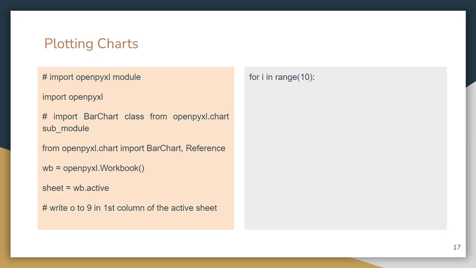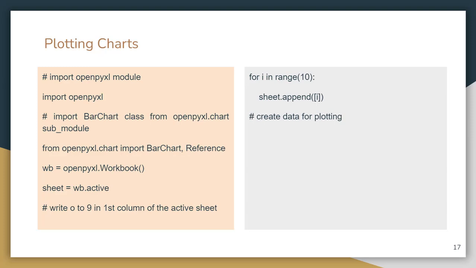I am using a for loop, for i in range(10), that is range 10, so that I generate 0 to 9 numbers. sheet.append([i]), that is it appends the 0 to 9 numbers.